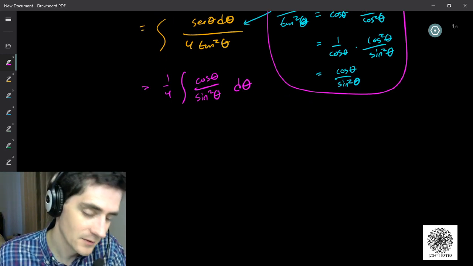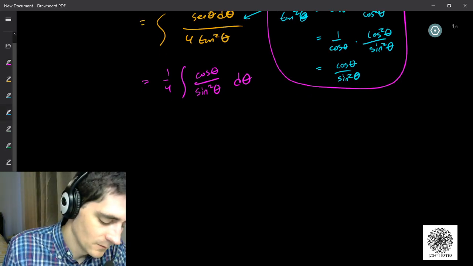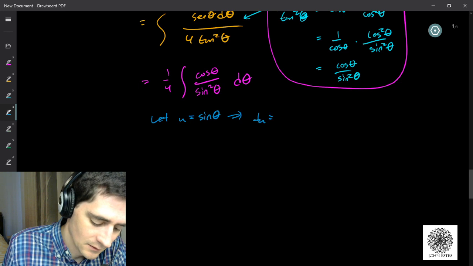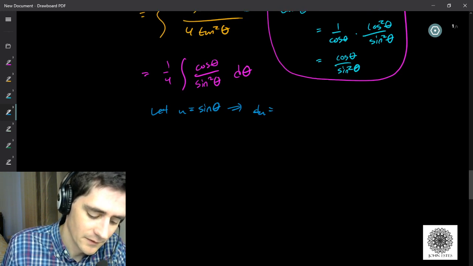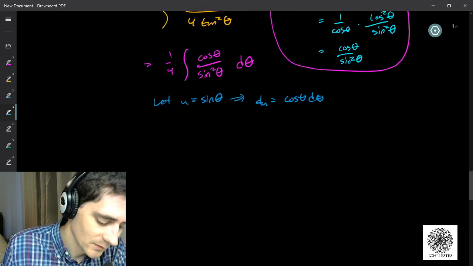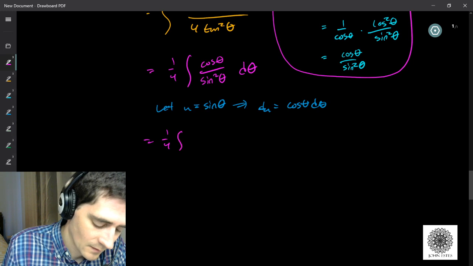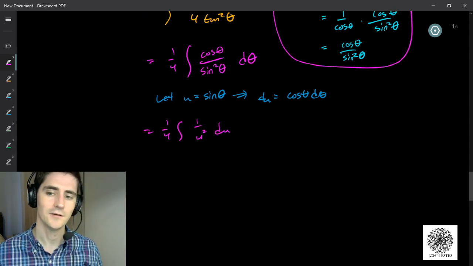And in particular here now, if I let u, so let's let u be sine theta, then du is going to be the derivative of that, which is cosine theta d theta. And this ends up becoming a situation where we have 1/4 times 1 over u squared du, which is something we can integrate.